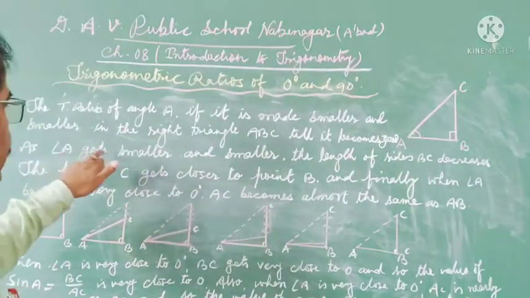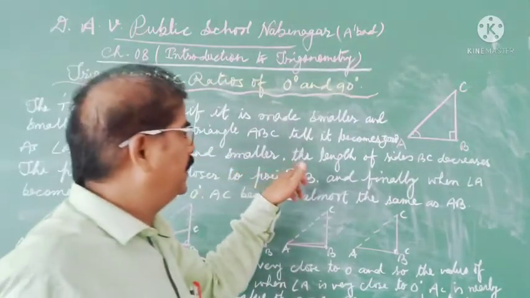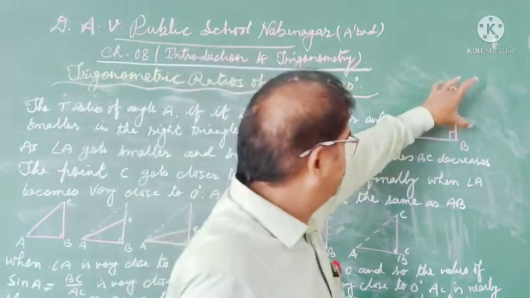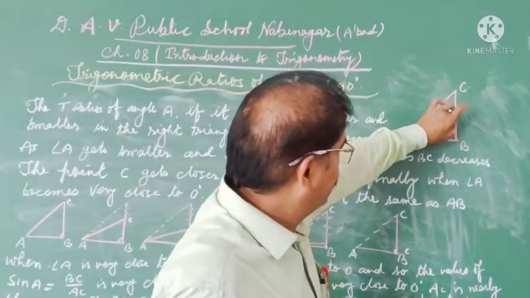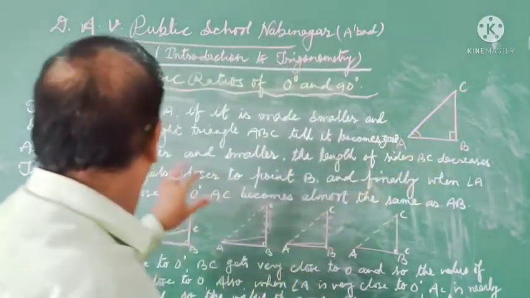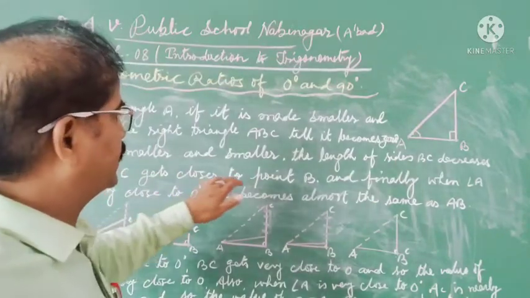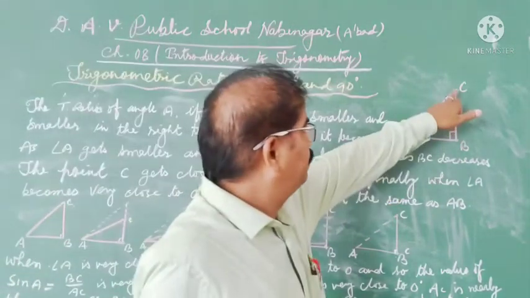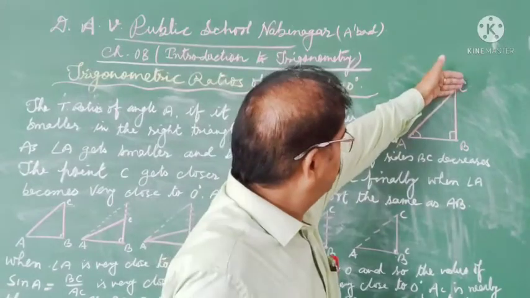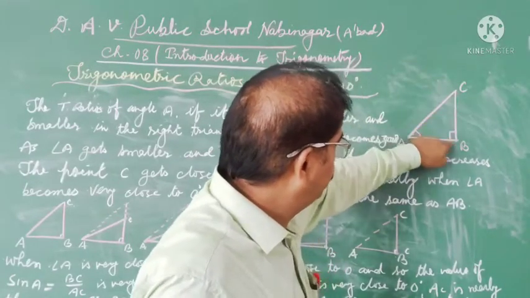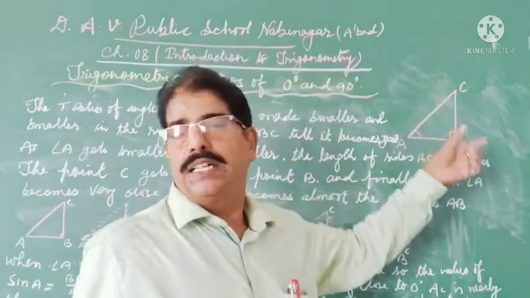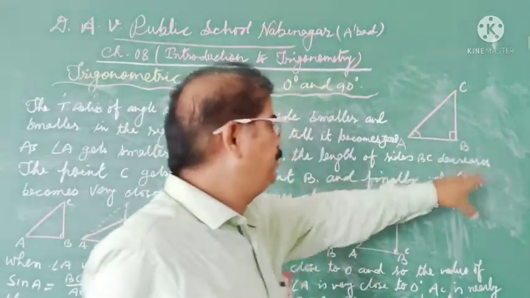As angle A gets smaller and smaller, the length of side BC decreases and the point C gets closer to point B, and C coincides with point B.